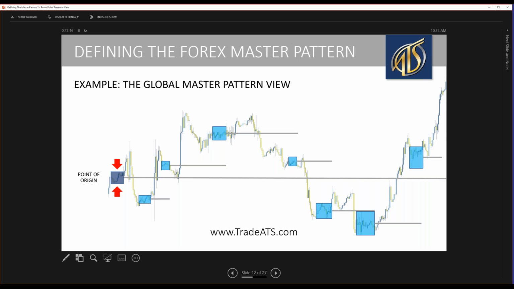Hopefully you guys make sense if you're seeing the framework here. If you're below that original point of origin, maybe you want to have a long bias. If you're above, maybe you want to have a short bias on the minor cycles. Either way, you're getting framework, and it gives you points of management all throughout that.